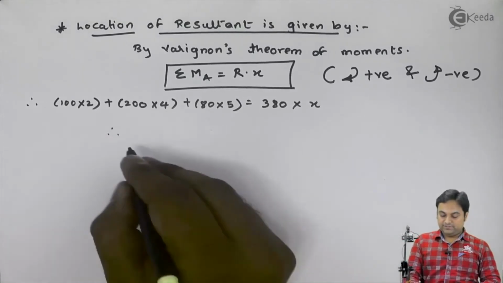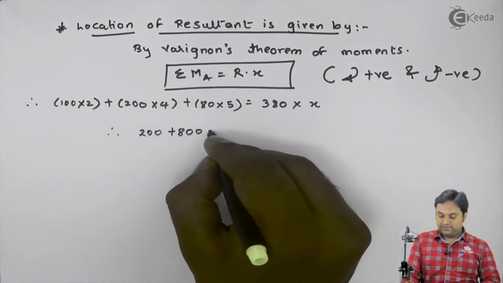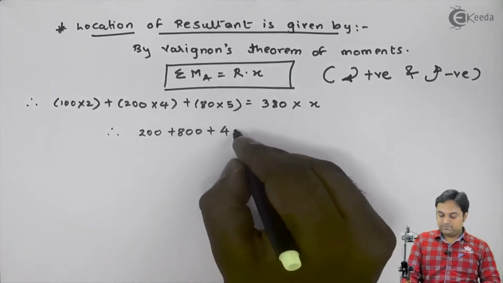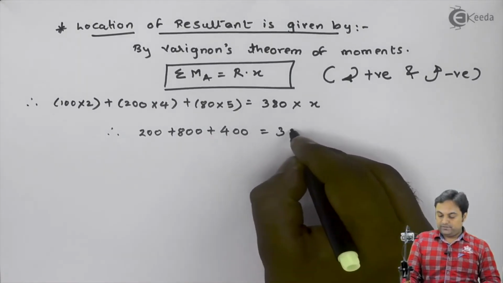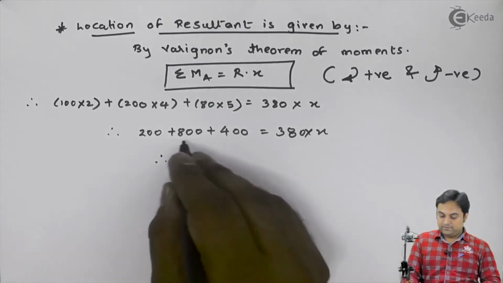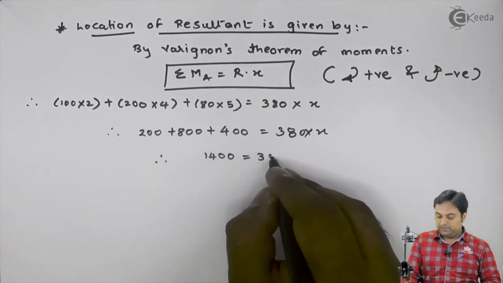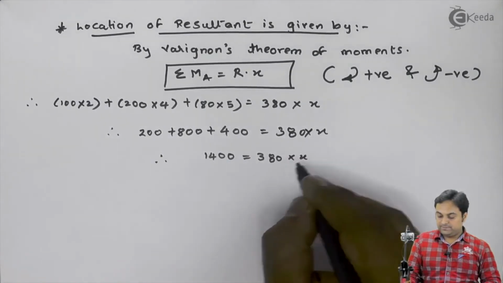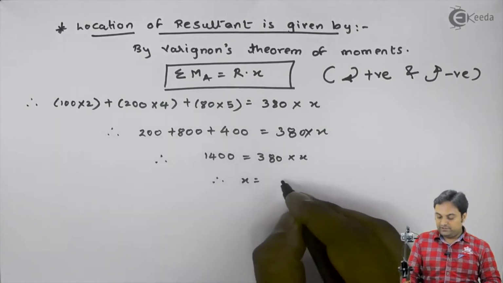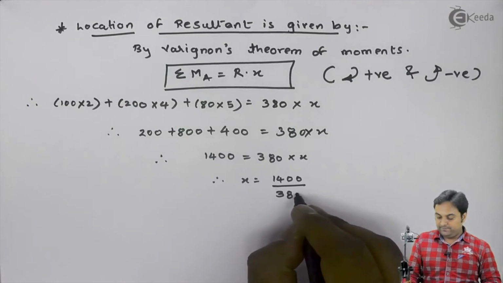If I calculate this, it will be 200 plus 800 plus 400 is equal to 380 into x. Therefore, that gives me 1400 is equal to 380 into x, and this x value will be 1400 divided by 380.